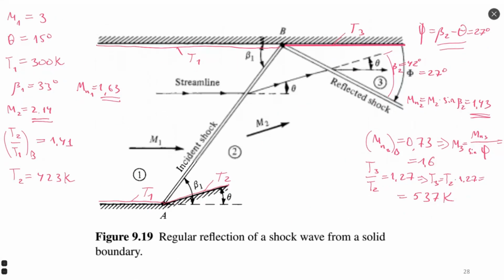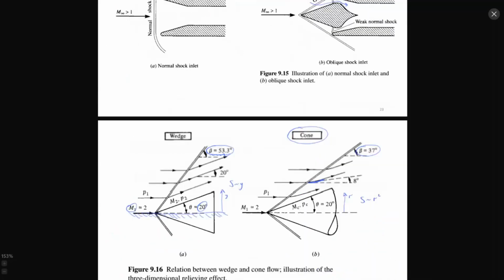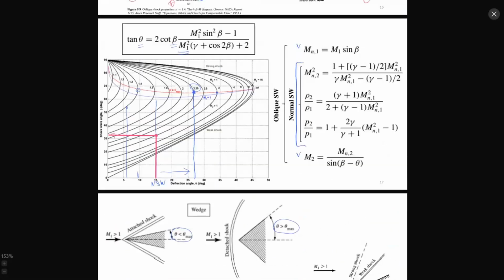For example, if I have very small Mach number in zone 2, for example Mach 1.2, let's try. Because of my geometry or my initial Mach number, I obtain 1.2 in zone 2. What will happen next? I will try to search for a cross-section or solution of the theta-beta-M relation on my diagram which corresponds to this Mach number.